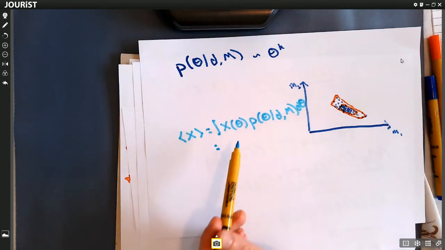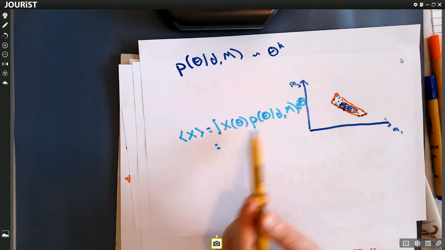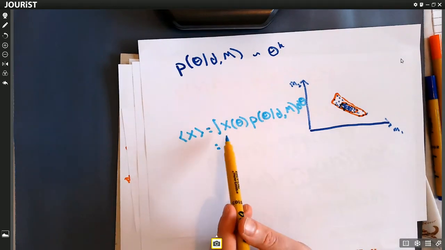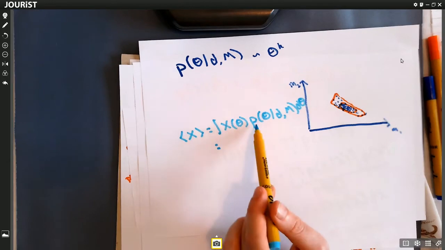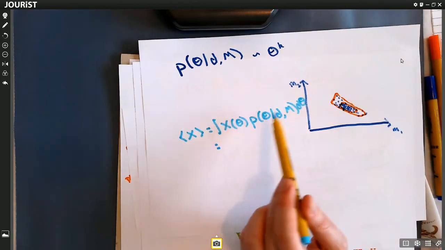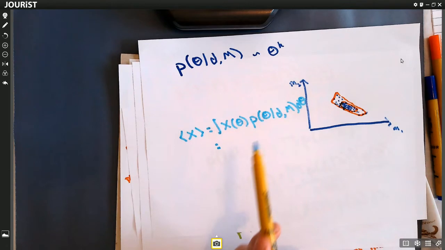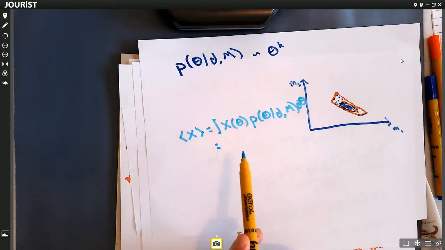This might seem a little odd if you've not done much with probabilities, but it's just a definition of an expectation. You have your value, weight it by the probability distribution, and integrate up. It might be more familiar, if you've calculated averages in the past, to think of this as a sum: you sum up all the values and divide by the total number of samples.